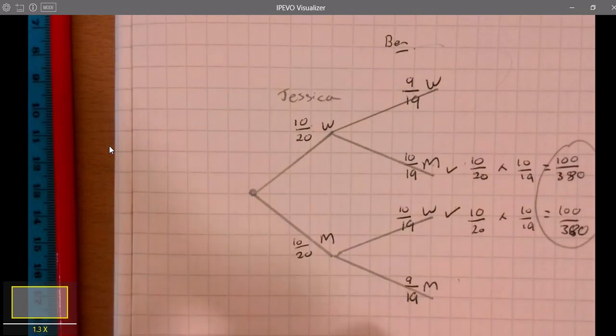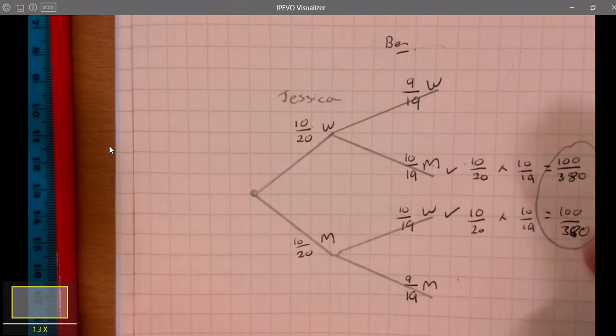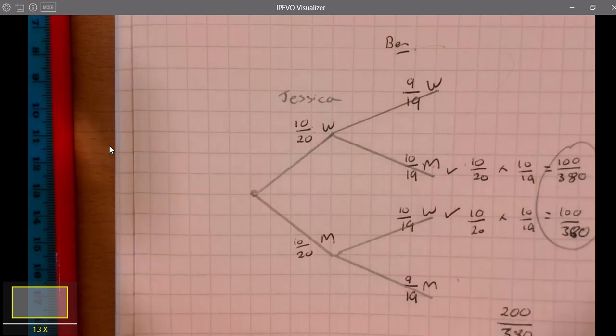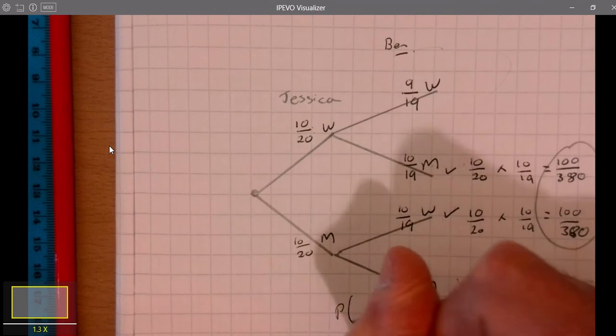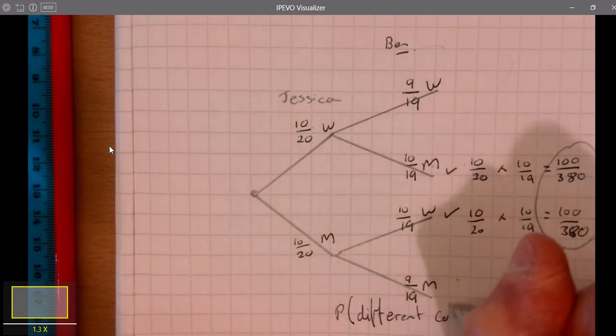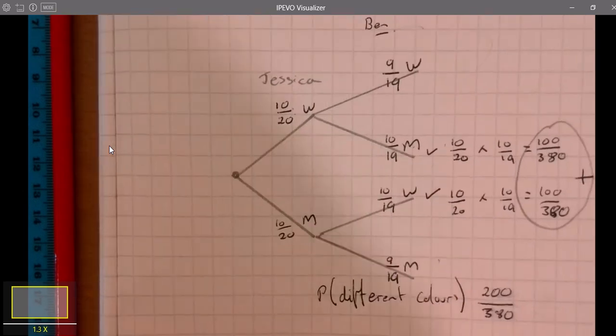Right, so we need to add these together. Because the denominators are the same, we haven't tried to cheat with that at all, so 200 over 380, and that's the probability of different colours.